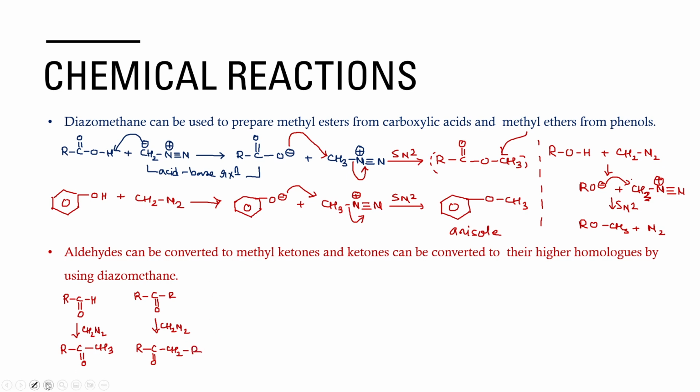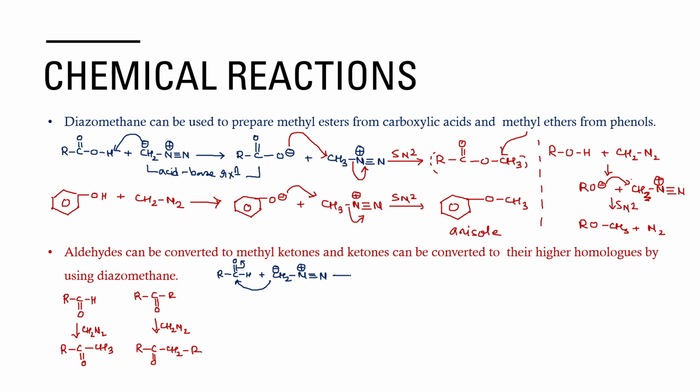And how do we understand how this is happening? Let's understand the aldehyde first. So RC double bond OH reacts with CH2N2, so it attacks over here.